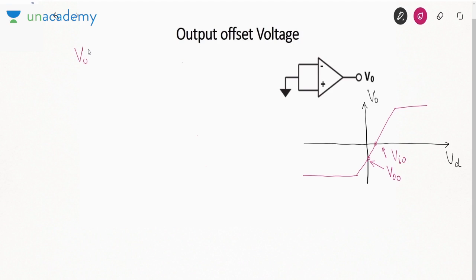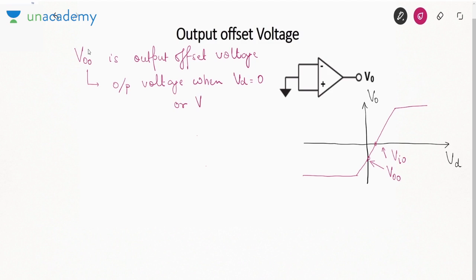So what is VOO? It is the output offset voltage. What does it mean? It means the output voltage when VD is 0, or V1 is equal to V2. When you apply the same voltage at both the terminals, the output voltage is called the output offset voltage.